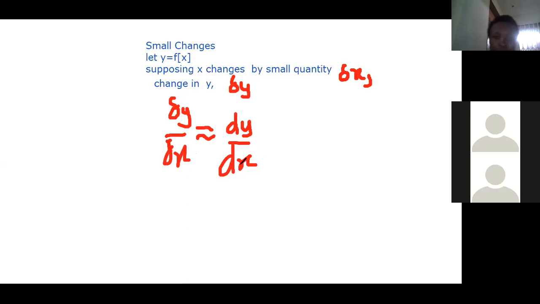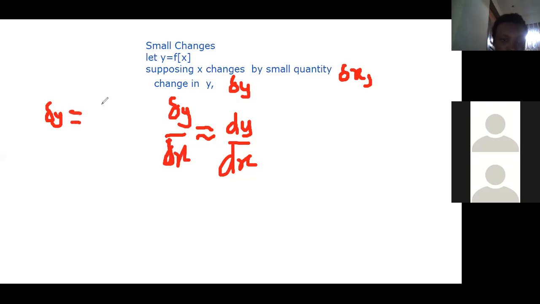Now, looking at this formula, if you want to find the partial derivative of y, then what you are going to do is the smaller change, which is the partial derivative. We are talking about the smaller change in quantity. Dy will be equal to this one times this, right?